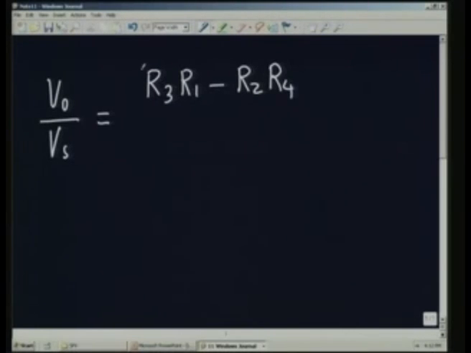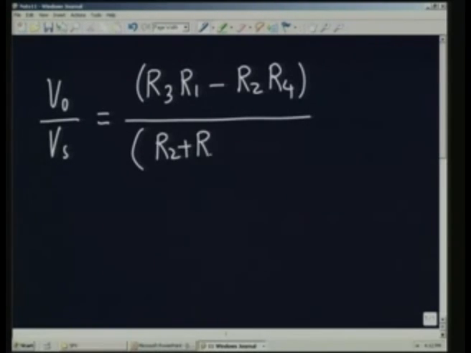So, Vo divided by Vs, the ratio of the output voltage to the supply voltage, is given by R3 R1 minus R2 R4 divided by R2 plus R3 into R1 plus R4. This is a very important equation.